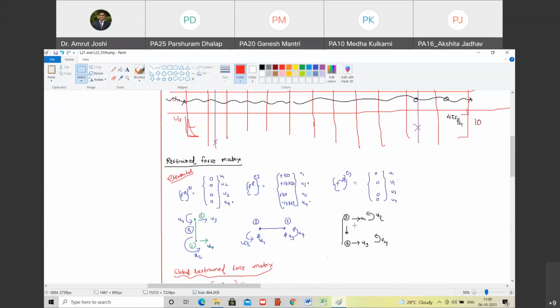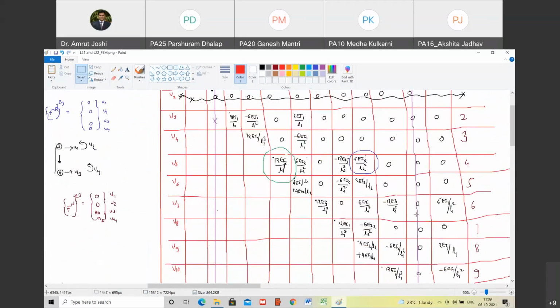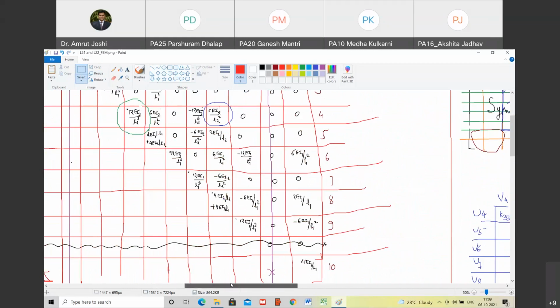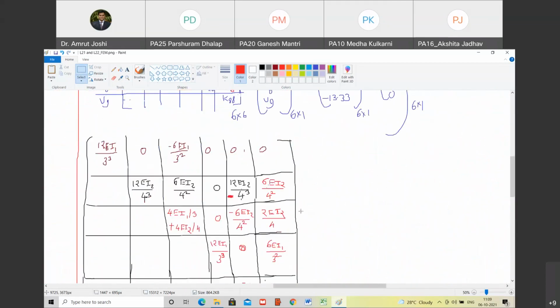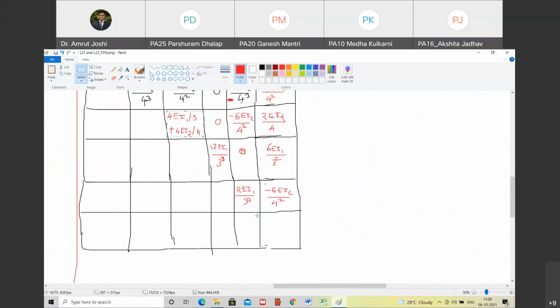And what is that element? K88 is which element? K88, this one? Yes, sir. 4 EI2 by L2 plus 4 EI1 by L1. So that is the same as the earlier one where we had this. It is the same as this one. Happy? Yes, sir.